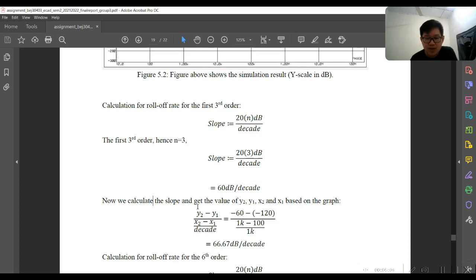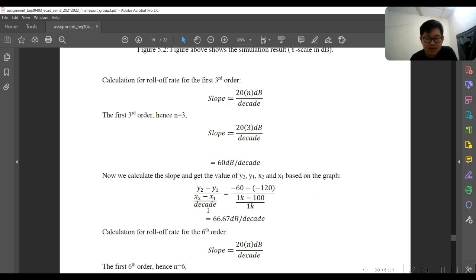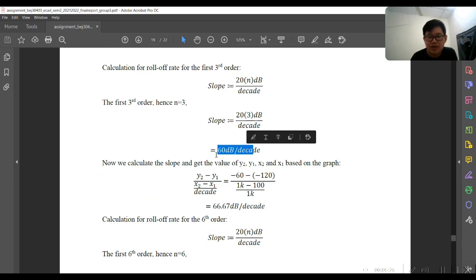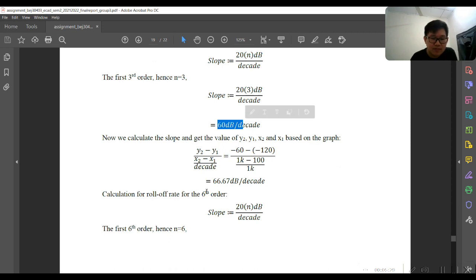Based on the graph given, including y2, y1, x2, and x1, we get the slope equal to 66.67 dB per decade, which is slightly close to this calculation of 60 dB per decade.